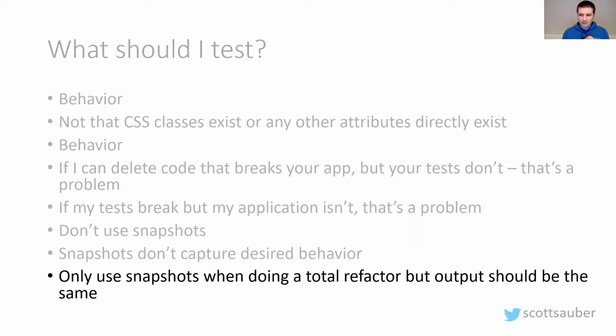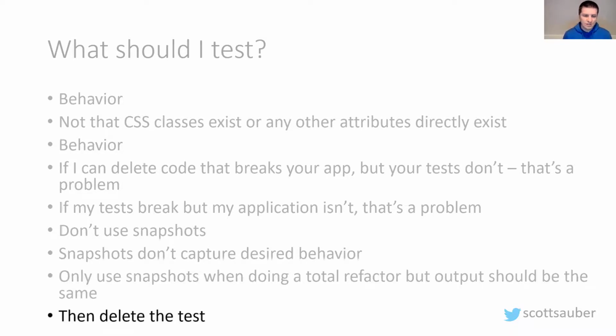But I'm only doing that if all of the HTML should be the exact same at the end of the day. And then after I assert that, hey, nothing changed with the output of the HTML, then I go ahead and delete the test. So I have confidence that I didn't break anything, but that test is just going to be a maintenance burden going forward, and I don't want it. So I'm going to throw that snapshot test away.